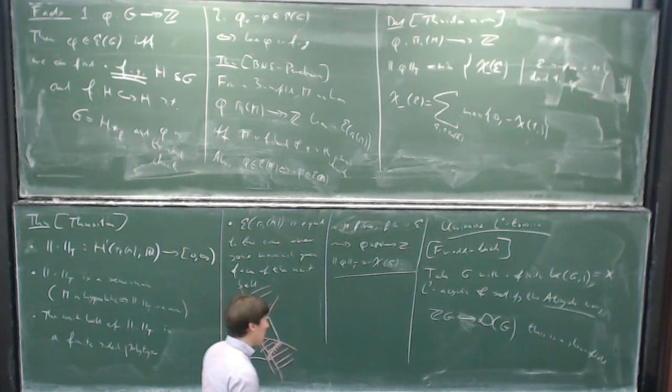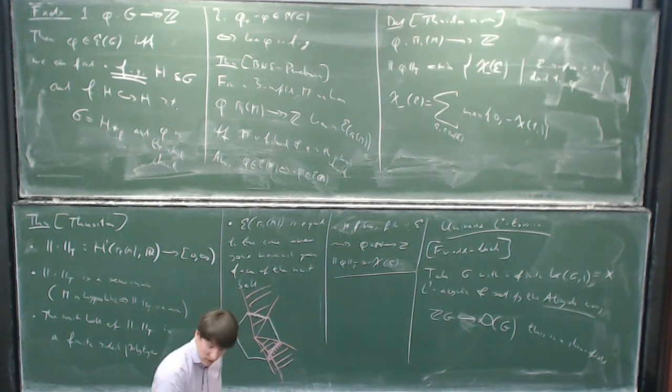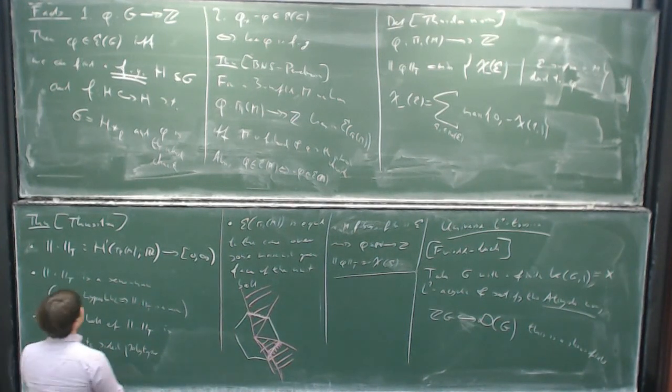Okay? So now why do I need it? I need it because we are now going to define a weak K1 group. Okay, so I need space for that.